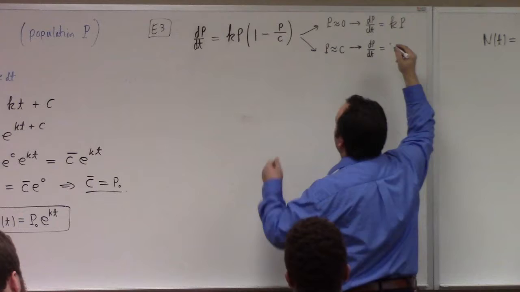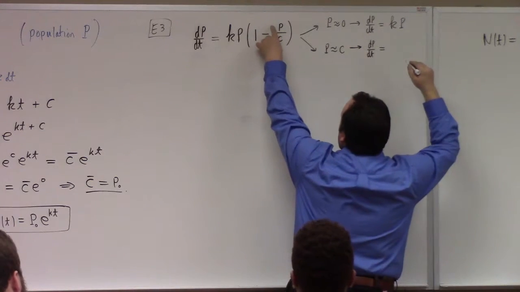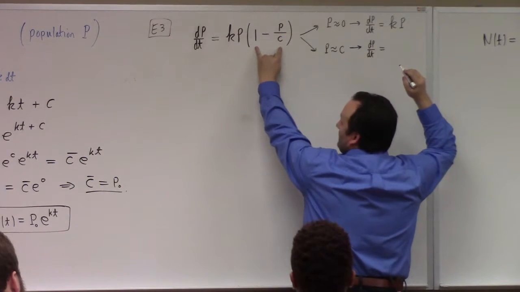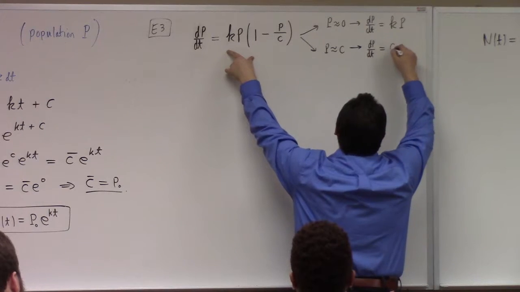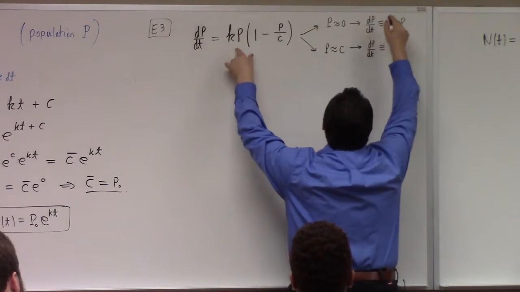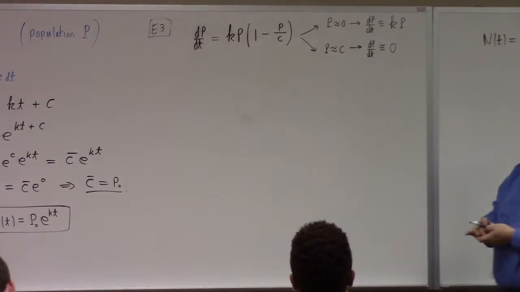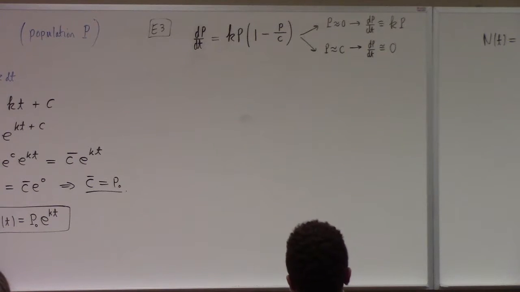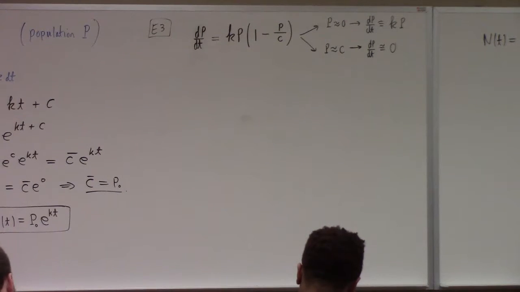Then p over c is like 1, and 1 minus 1 is 0. And so dp/dt is approximately 0. So the idea of this model is that as the population gets close to c, which is called the carrying capacity, the population growth slows to 0.